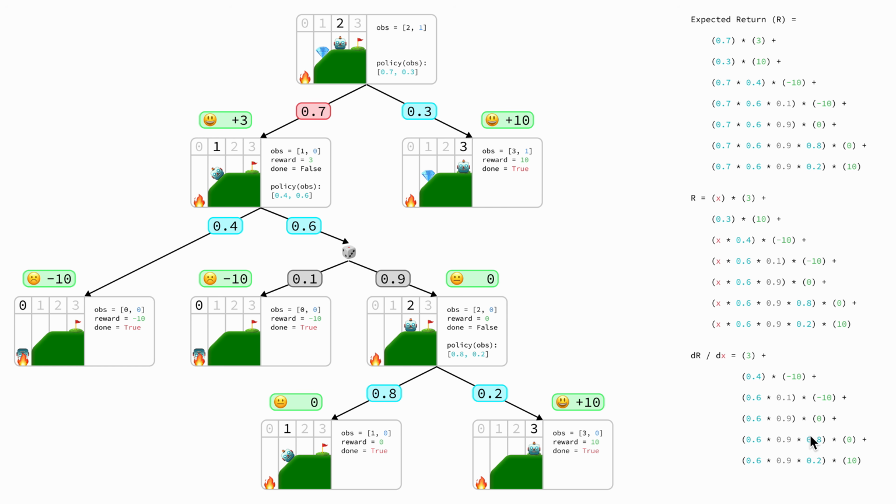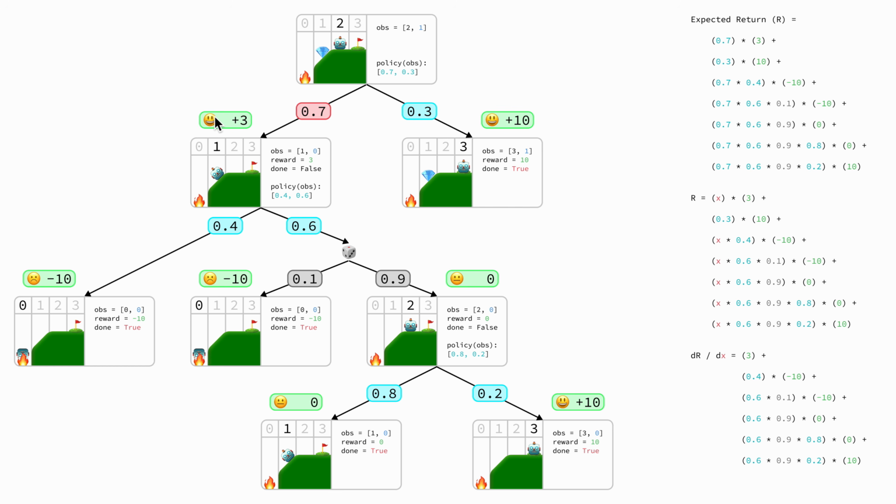And now, if you want, you can pause the video and try to figure out what this sum represents. And if you're back, we can see it starts off with a 3, and then we're going to get a 0.4 times this -10, a 0.6 times 0.1 times this -10, a 0.6 times 0.9 times this reward of 0, and on, and we can see that this value is actually the expected return after having taking this action.